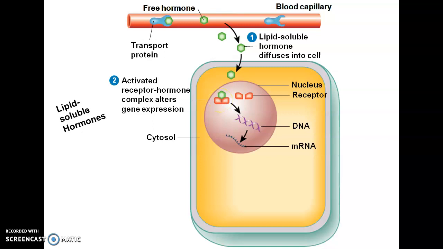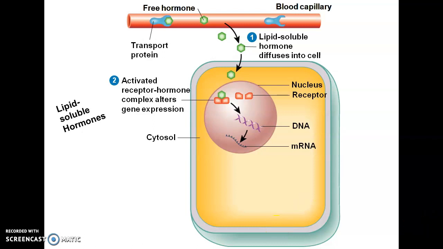Once this complex is formed, it finds its way into the nucleus, where it binds to the DNA promoter, and the DNA will be switched on. It will be made to express. Once the complex binds, the DNA starts expressing, that is, it undergoes transcription first, forming the mRNA.